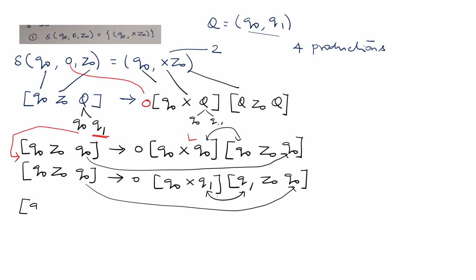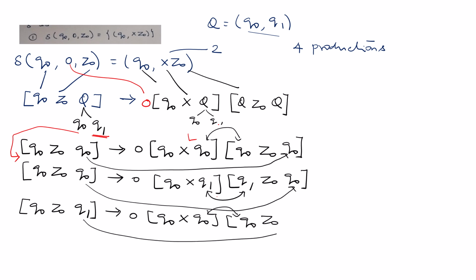So again we are going to have Q0, Z0. We want to go with Q1 and we are going to have 0, Q0, X, Q0. Again Q0 is the same, Z0. Here we are having Q, so comes Q1.